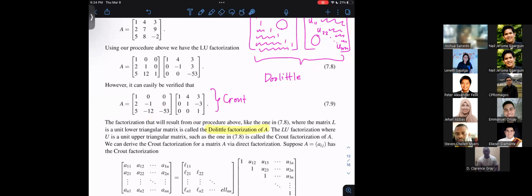Now, in the module, I also presented a way of performing the Crout factorization, but it's a little different from how I developed Doolittle's form. I did that so that you'll get different tastes of how to derive the LU factorization.